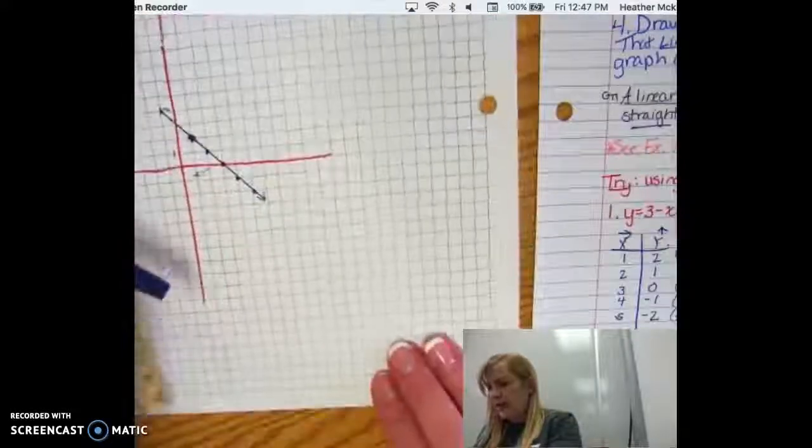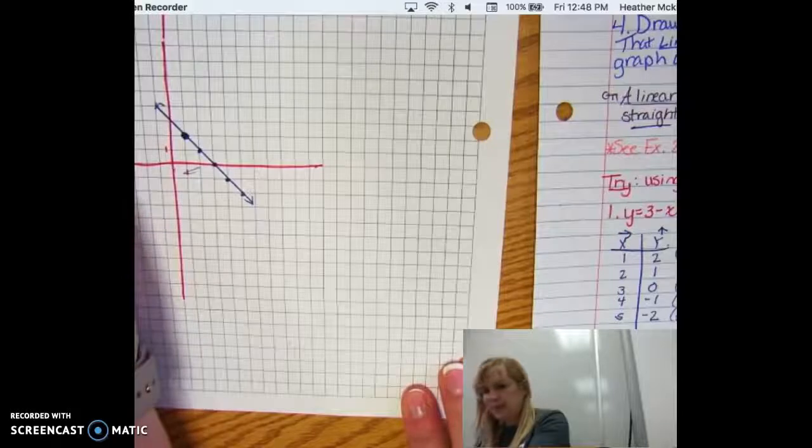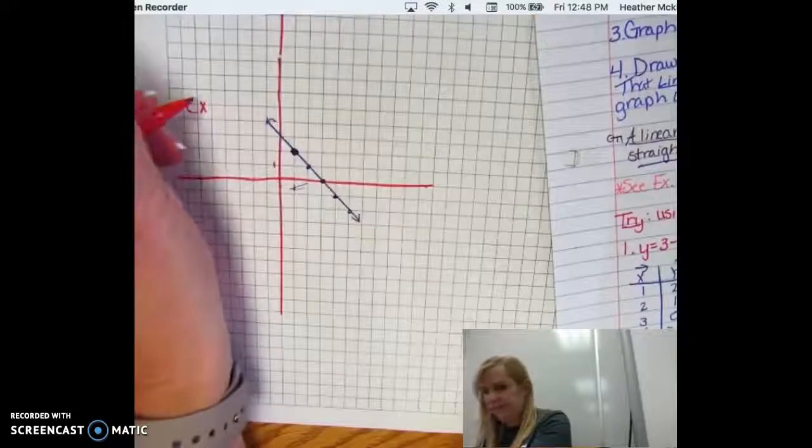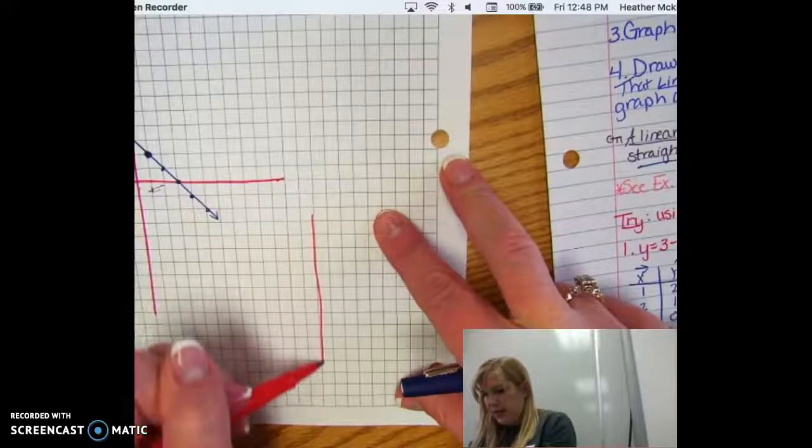So finally, I'll try to get this last one. This is example 1. I'll try to do example 2 right here.